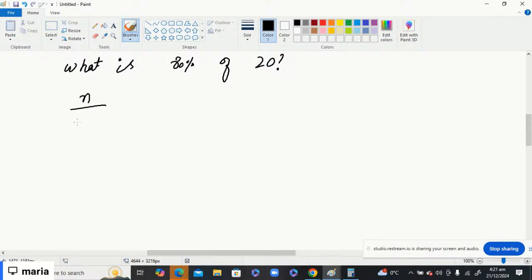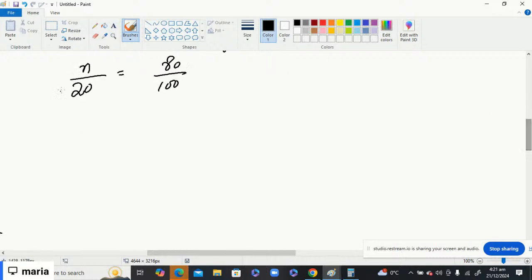n over whole, that is 20, and then 80 over 100. So n times 100 equals 80 times 20.